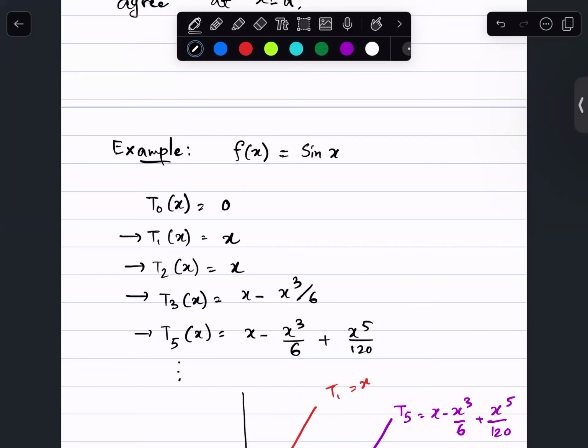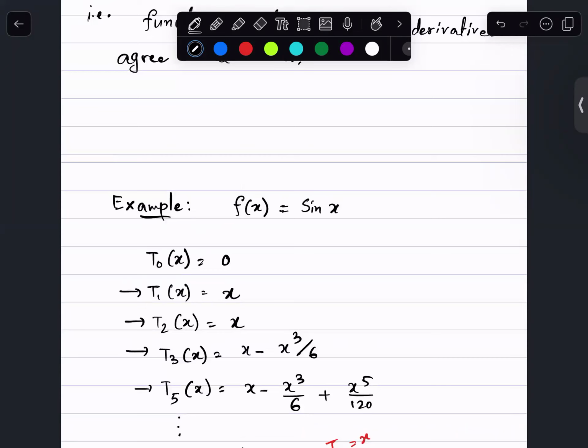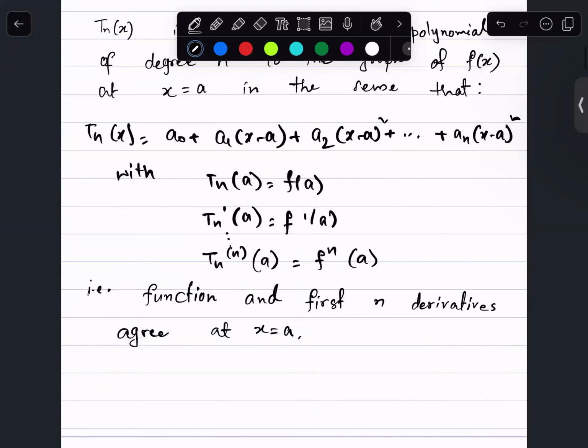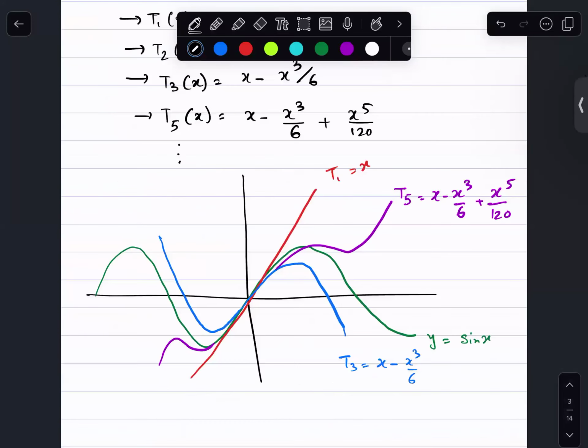So what is actually happening with T1, T2, T3, T5, and so on? If you look carefully, we are trying to approximate the graph of the function by using polynomials. Why polynomials? Because polynomials are very easy to draw, and the properties of polynomial functions are quite nice.